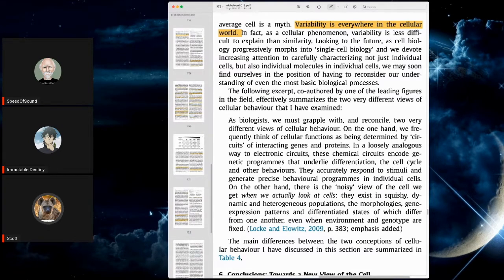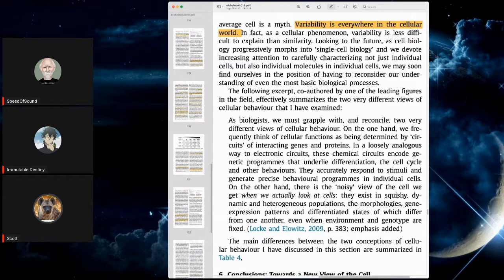The following excerpt, co-authored by one of the leading figures in the field, effectively summarizes the two very different views of cellular behavior that I have examined. As biologists, we must grapple with and reconcile two very different views of cellular behavior.